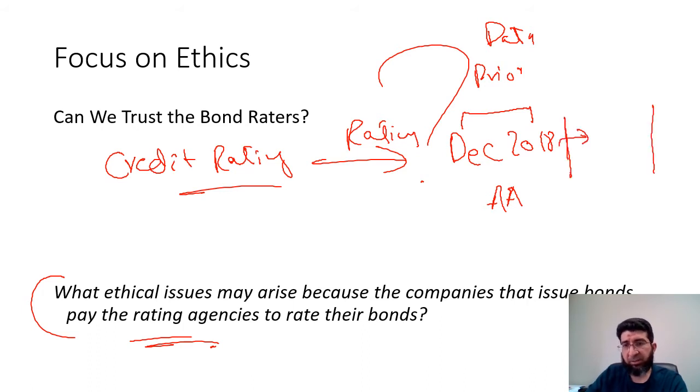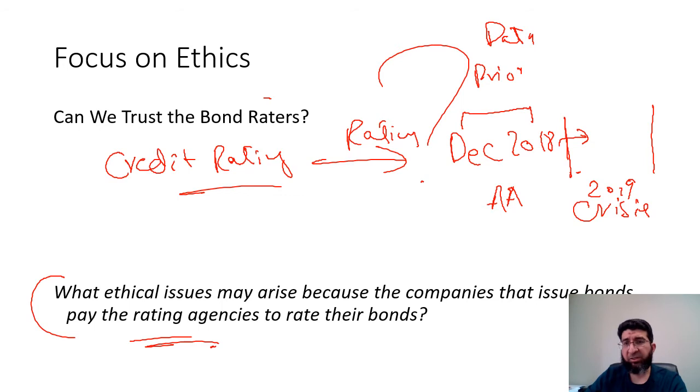Let's assume that some sort of a crisis comes. Now in 2019, credit rating or bond raters could not know that a certain shock can take the firm by surprise, and they are now unable to pay, or they are probably going to default.